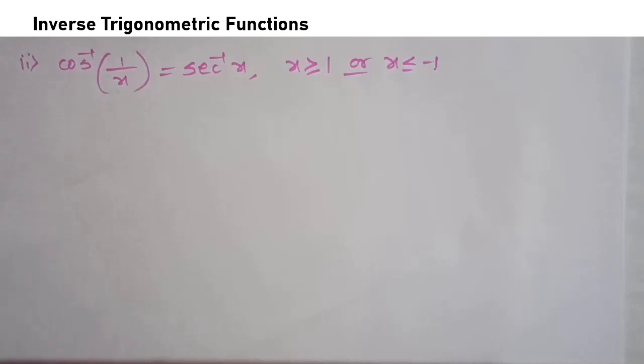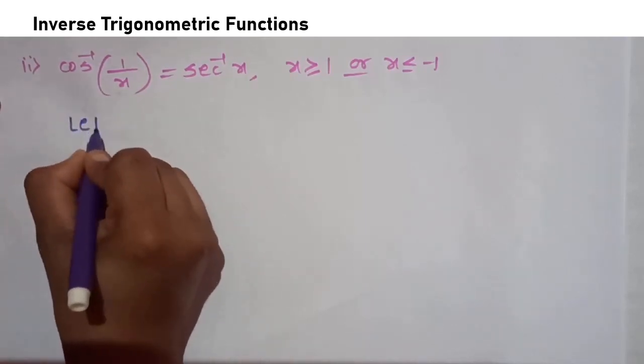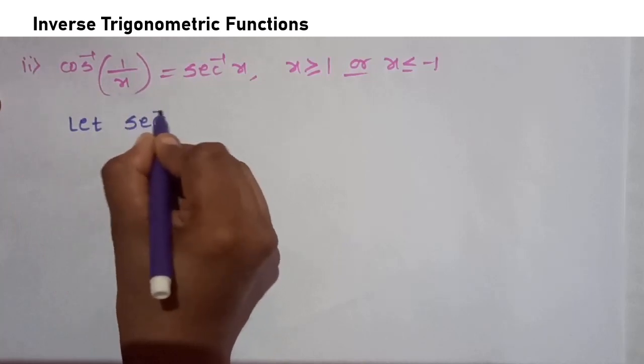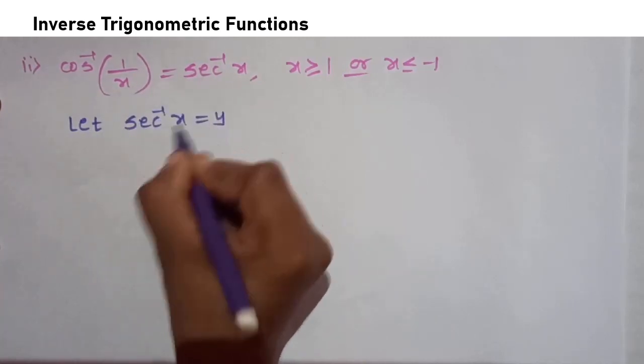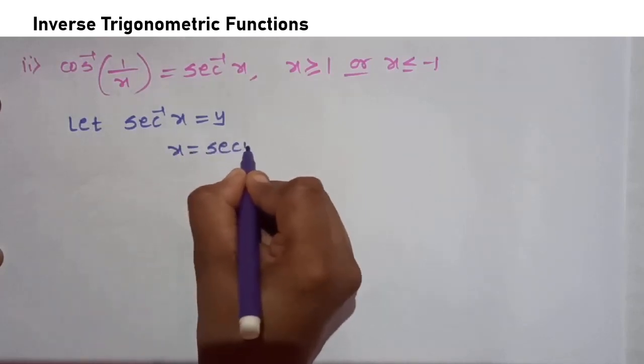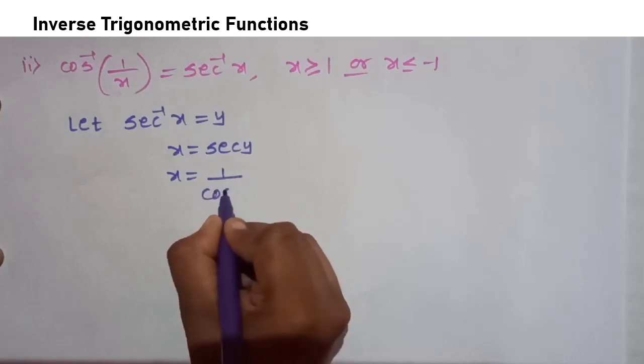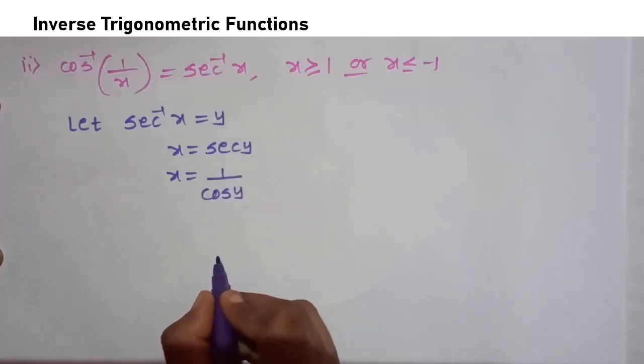So how to prove this property? Let us consider cos inverse 1 by x is y, or sec inverse x is equal to y. So let me consider sec inverse x is equal to y, so that we can write x is equal to sec y. Again you know sec y can be written as 1 by cos y, right?